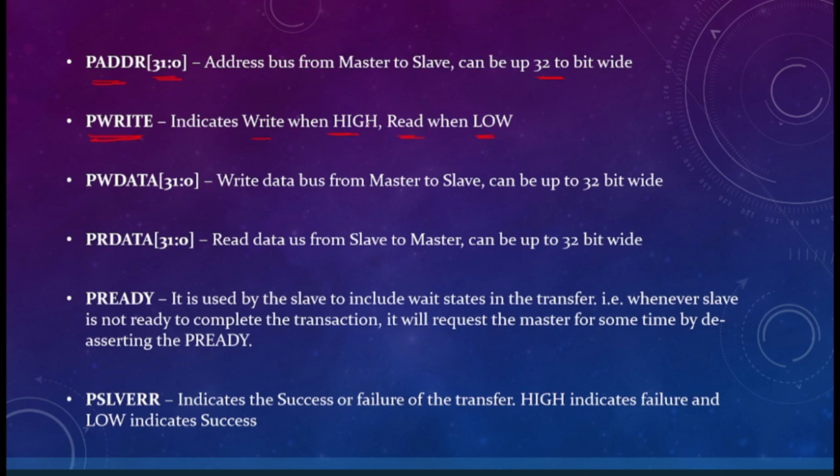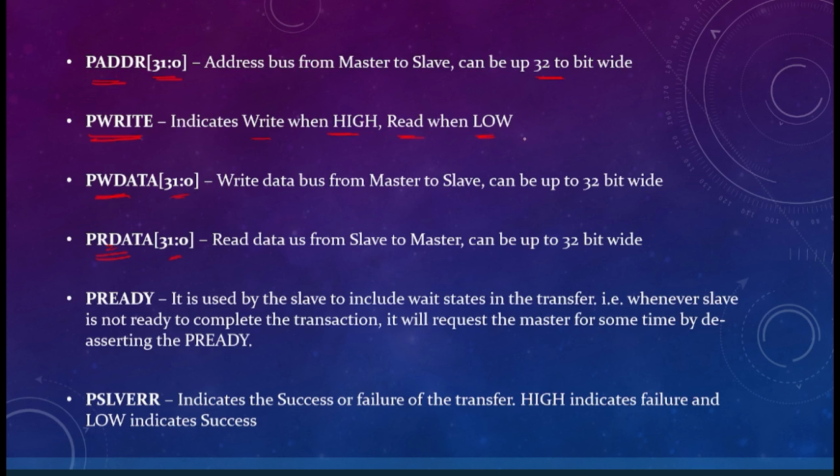Basically, when P write is 1, a write transfer takes place. When P write is 0, you can consider that a read transfer is taking place. If you see here, P write is a single bit, P address is 32 bits, PW data is 32 bits, PR data is also 32 bits.